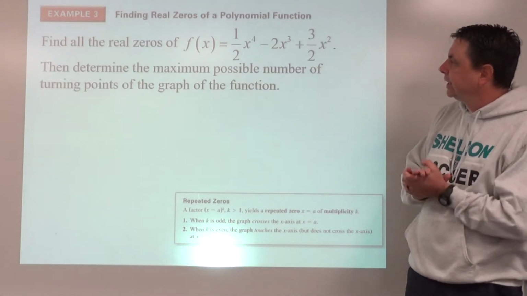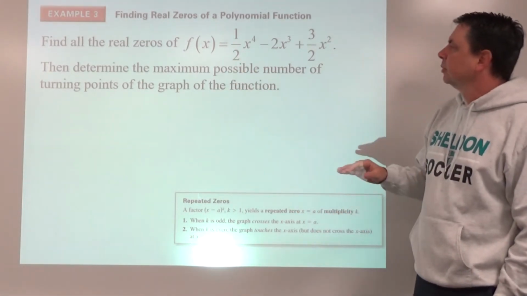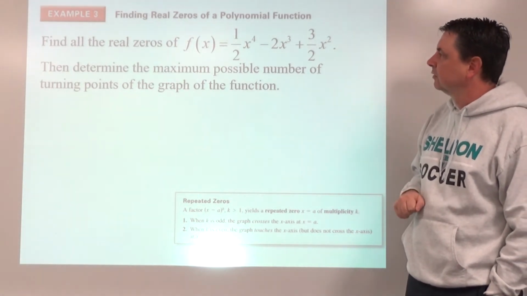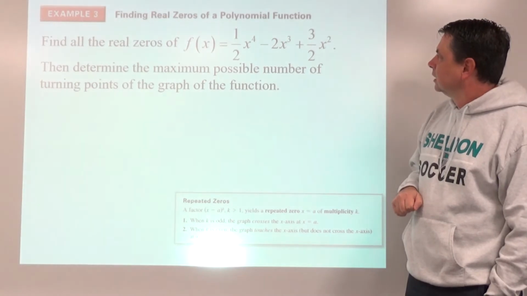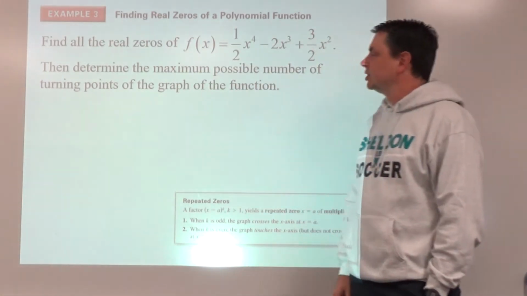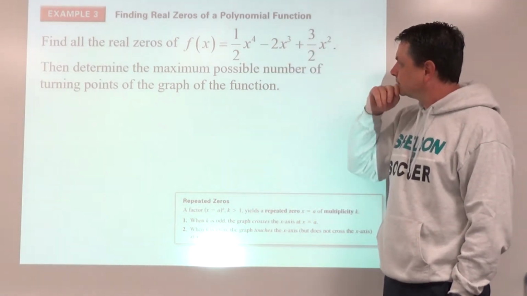Example number 3, find all the zeros of the function, determine the maximum number of turning points of the graph of the function. So, to find the zeros, factoring is probably a pretty good strategy for us. I'm not crazy about the fractions.